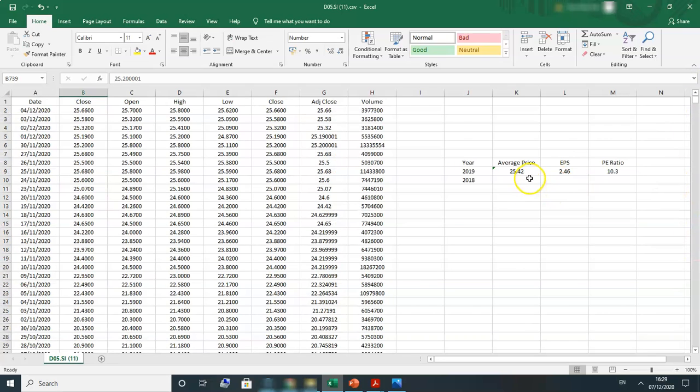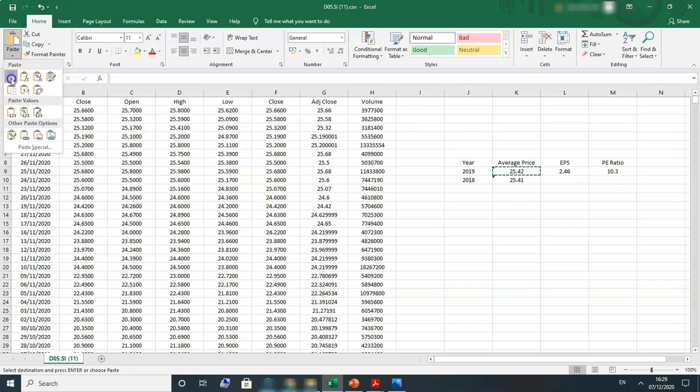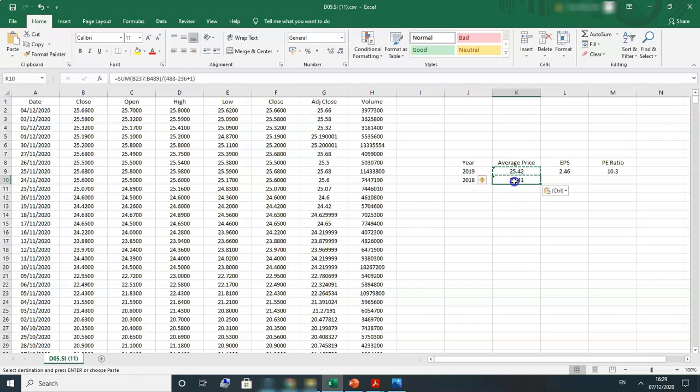So we go back to here. Let us key in the same thing. What I can do is a bit of a shortcut: I just copy over and then change the cell, from 489 to 739.